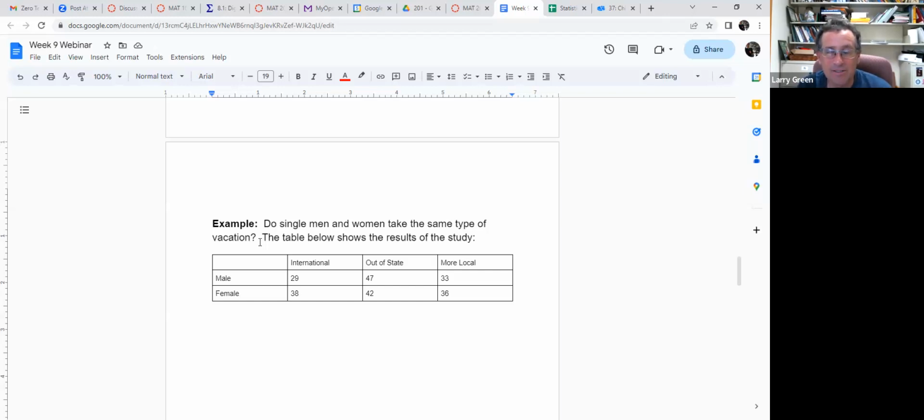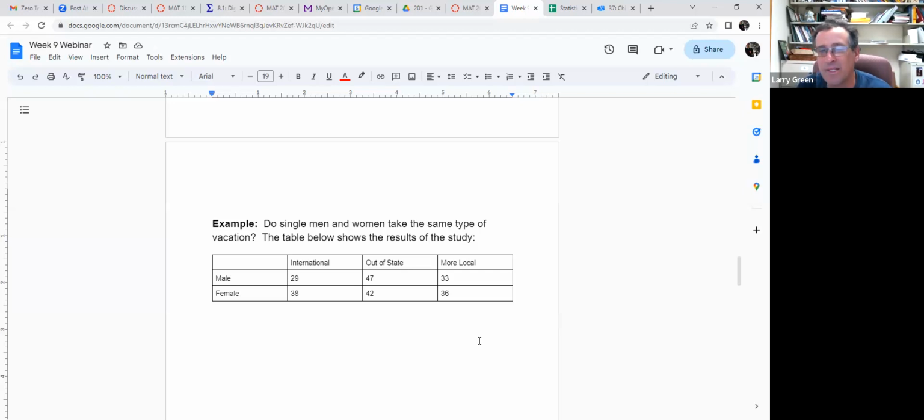Okay, the table below shows the results of a study. Notice we have male and female. Okay, and the types we're looking at are international travel, out of state, and kind of more local. And by the way, I made up these numbers, but you can imagine a study being done. It's just 2 survey questions. One is, what is your gender. And we're just looking at men and women.